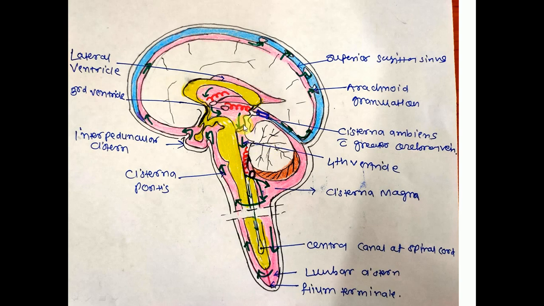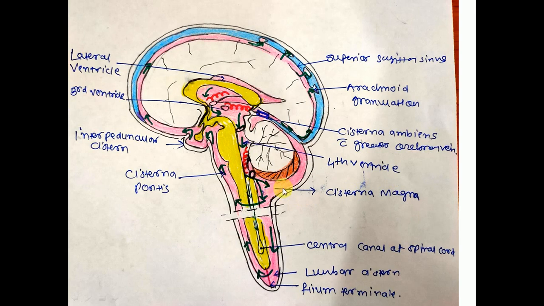So this CSF now passes through the fourth ventricle. From the fourth ventricle, this CSF passes through the foramen of Magendie and foramen of Luschka, and enters inside the cerebellomedullary cistern or cisterna magna.